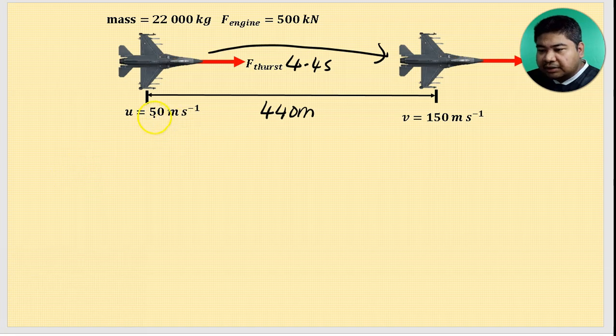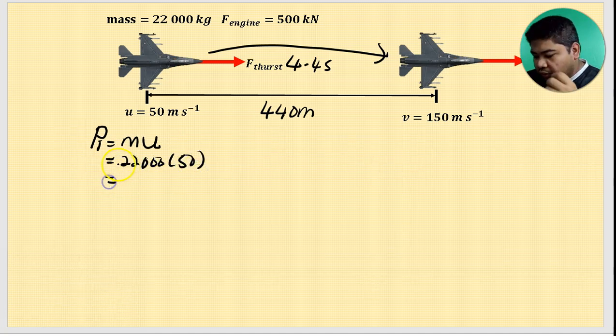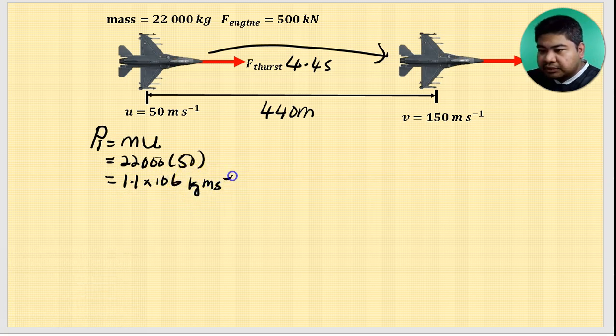At the velocity of 50 meters per second, if you calculate the initial momentum of the aircraft, you multiply the mass of the aircraft times the initial velocity. 22,000 times 50, you are going to get 1.1 times 10 to the power of 6 kilogram meter per second.